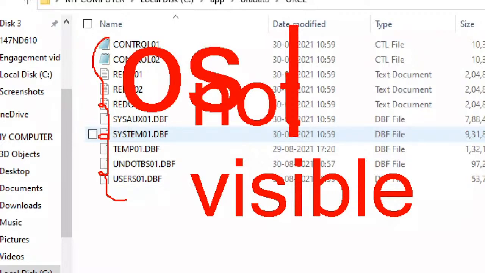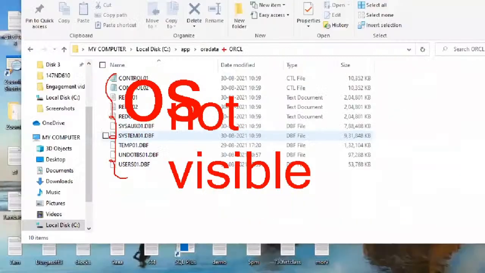Very, very important. Tables are not visible in the C drive, D drive like that. Views are not visible in the C drive, D drive, E drive. Indexes, functions, procedures are not visible. That is visible in a database, okay, I agree, but unfortunately it is not visible in the operating system.